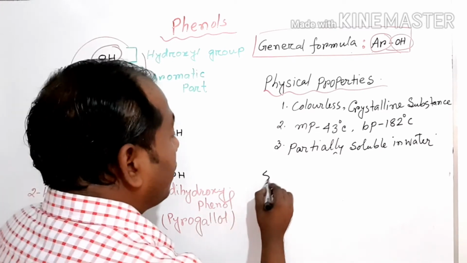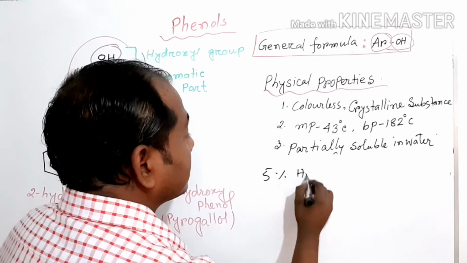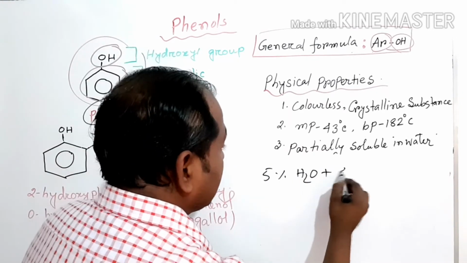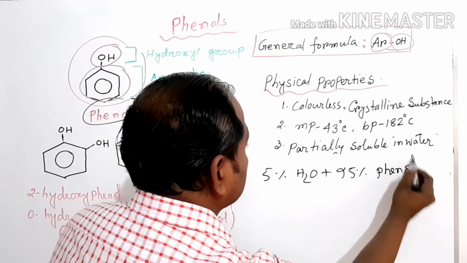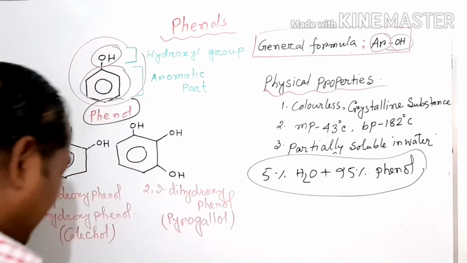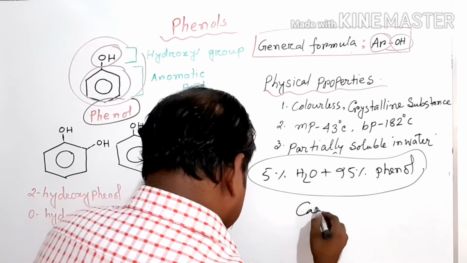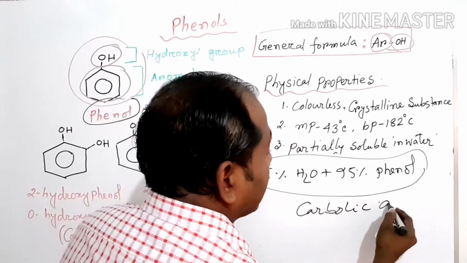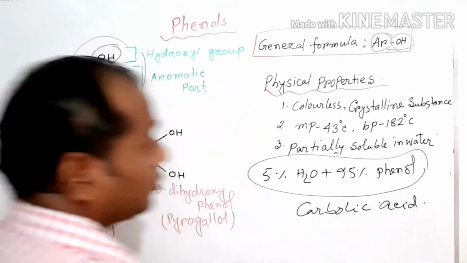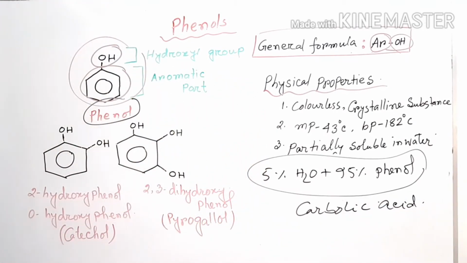That means 5% water plus 95% phenol is known as carbolic acid. So what is carbolic acid? The mixture of 5% water and 95% phenol is known as carbolic acid.